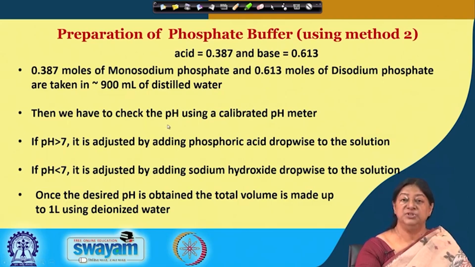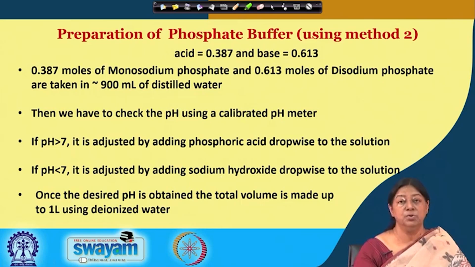The pH has to be checked with a calibrated pH meter. We saw in the first lecture how a pH meter is required to be calibrated. If the pH is greater than 7, it is adjusted by adding phosphoric acid dropwise to the solution. If the pH is less than 7, it is adjusted by adding sodium hydroxide dropwise to the solution.